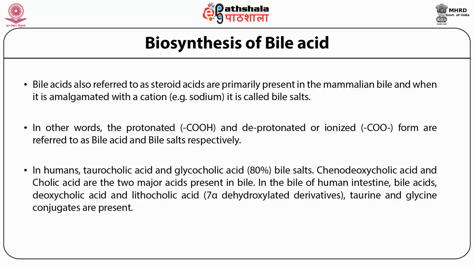In the human intestine, bile acid, deoxycholic acid, and lithocholic acid, taurine, and glycine conjugates are present.